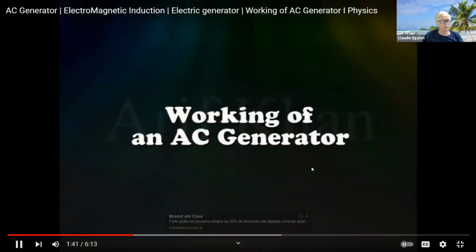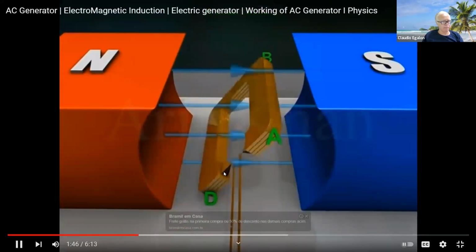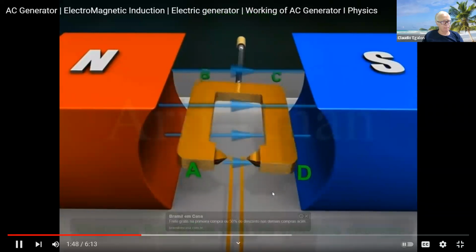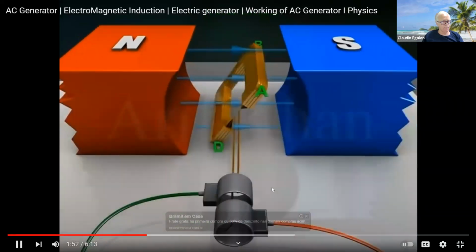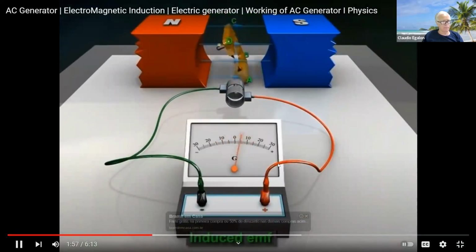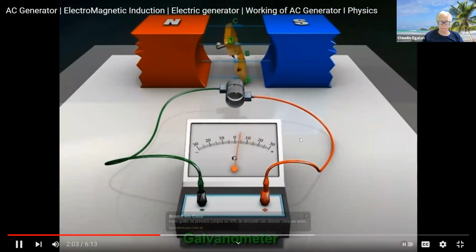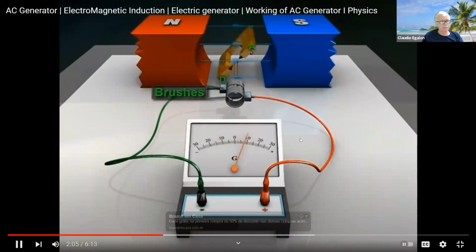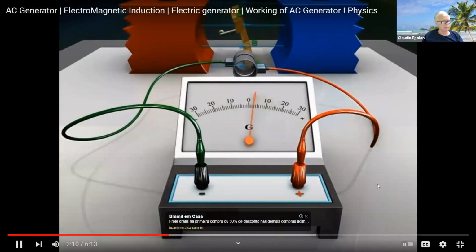Working of an AC generator. When the armature rotates between the poles of the field magnet, the magnetic flux linked with the armature changes continuously. As a result, an EMF is induced in the armature. This in turn produces an electric current through the armature and the galvanometer and through the slip rings and the brushes. Note that the galvanometer needle swings between the negative and positive values.